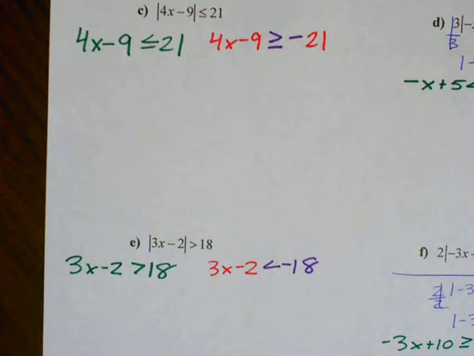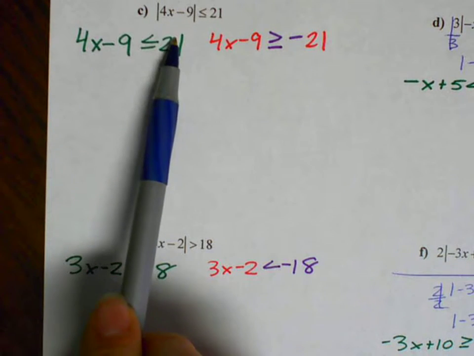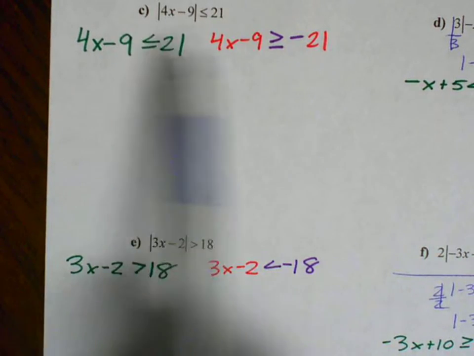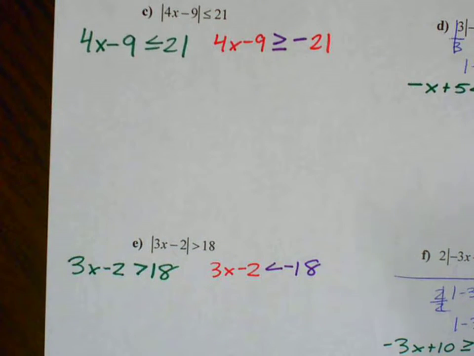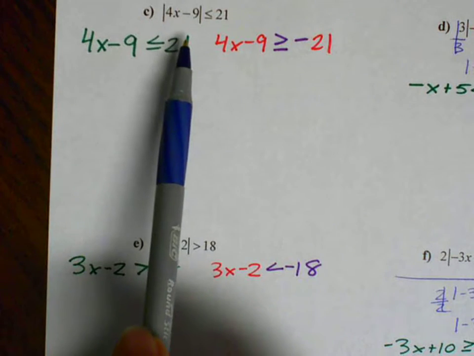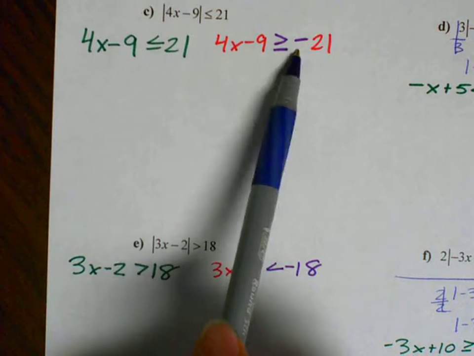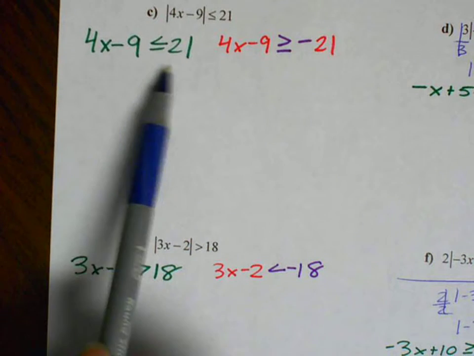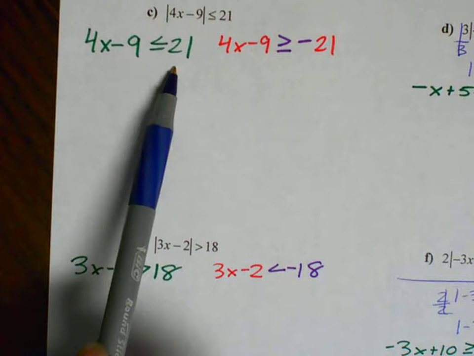So what we said was when we're solving for absolute value, we need to break it up into two equations or inequalities. And when we break it up into two inequalities, the first one we write exactly the same. We just take out the absolute value and we leave everything exactly the same.